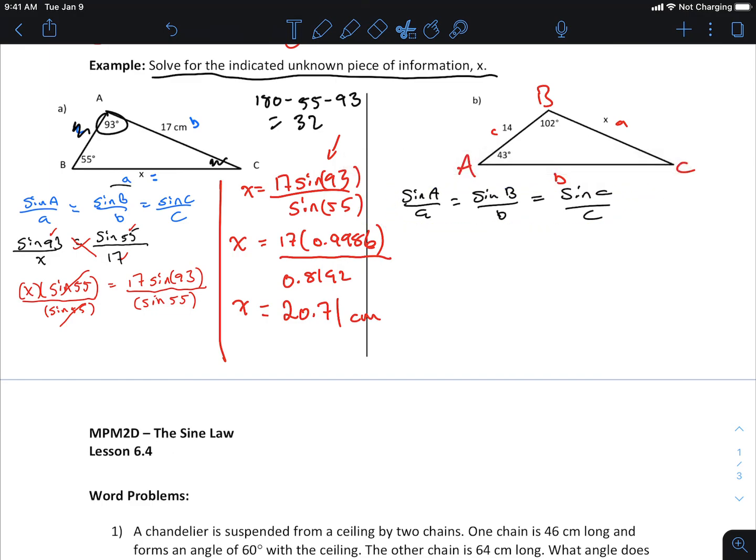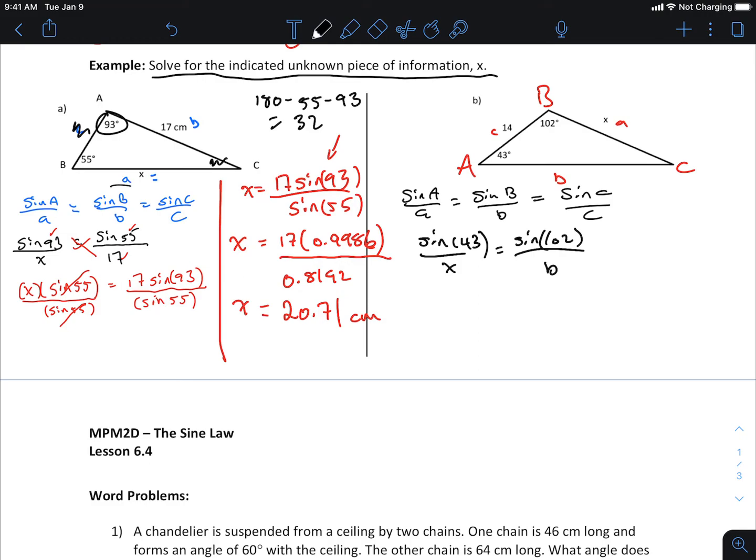Okay, I see sine of 43 over x. Can you write A or does it, like, That doesn't matter. Sine of B of 102. There's another one you're probably gonna have to type in the calculator. Over b. Is that useful?